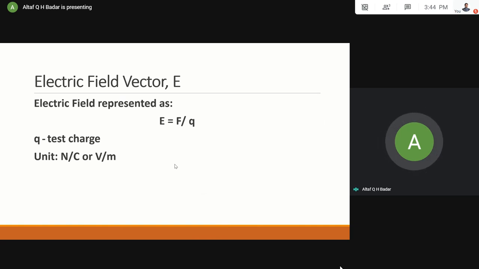Now the point is, as far as the students are concerned, I'll suggest that you go through some exercise and find out how Newton per Coulomb and volt per meter become the same quantity. This is where you will have to go and search out a little bit.